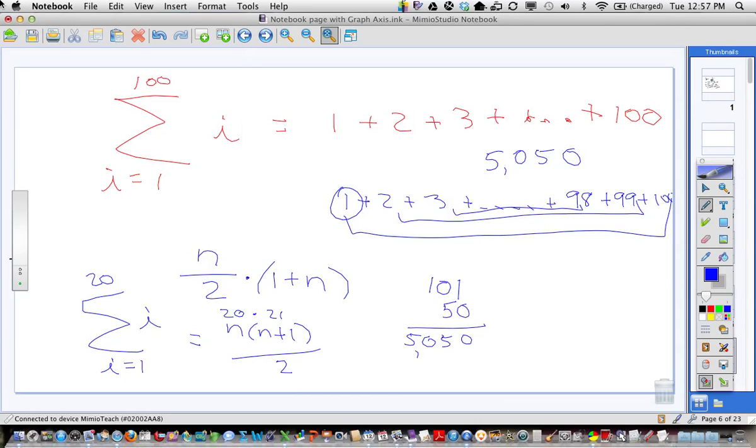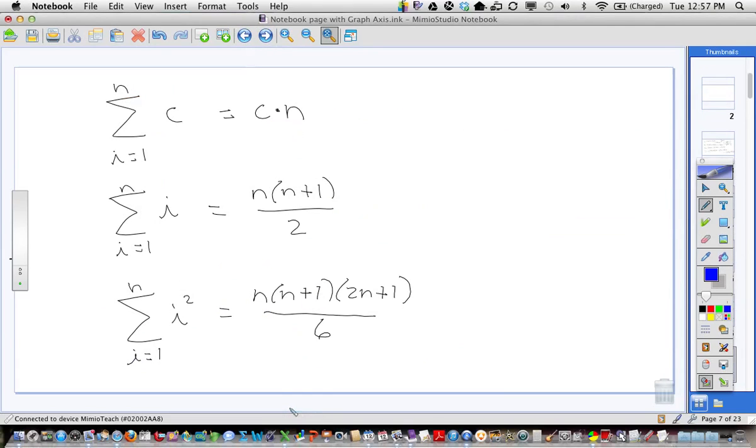Okay, now you'll see here a little later where we're going to use that shortcut for sigma i. Let me give you a couple of other of these shortcuts, and they are right here on this page. Okay, now you should go ahead and write these down, but on the quiz, I will give these to you. You do not need to memorize these, but you are going to need these for your homework.